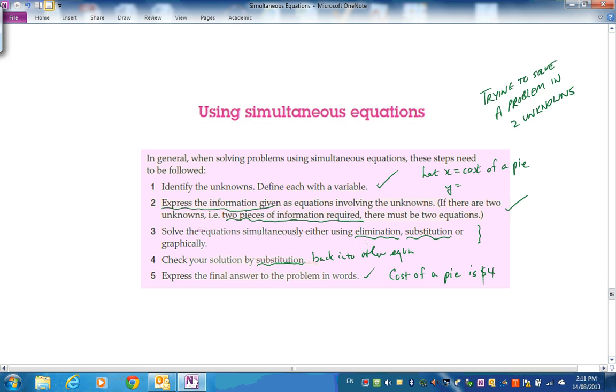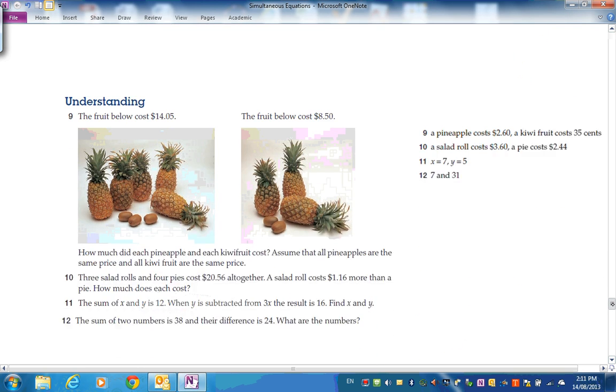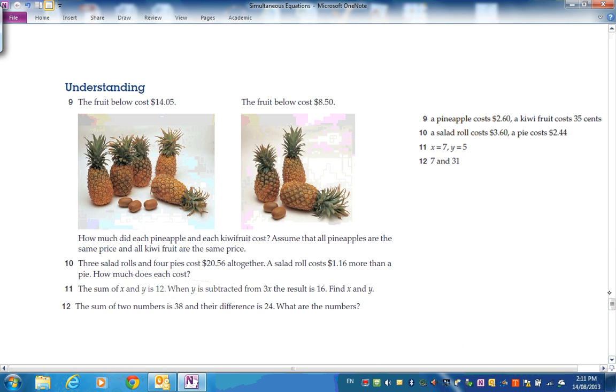Let's come down now and have a look at some of those problems from Pearson's here. So you can see what they're doing, two unknowns and things in these. You've got to work out what x is going to be, what y is going to be, and then go on. And then here are the answers. State your answers in context.